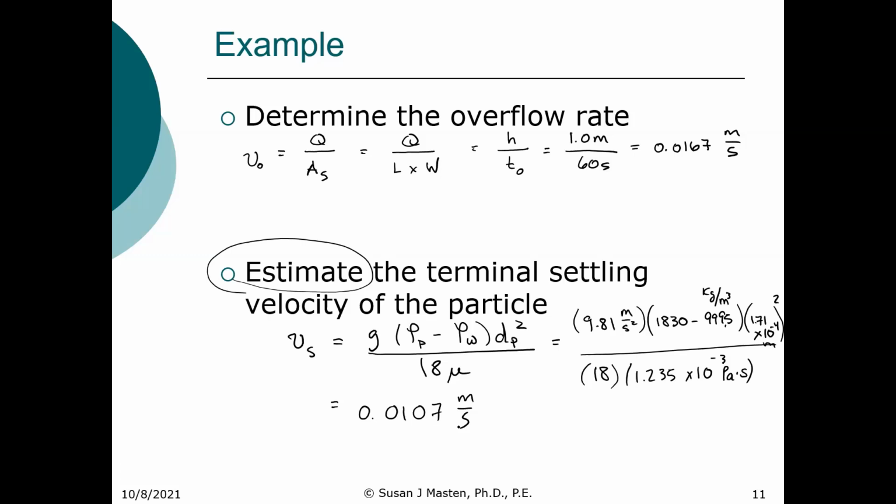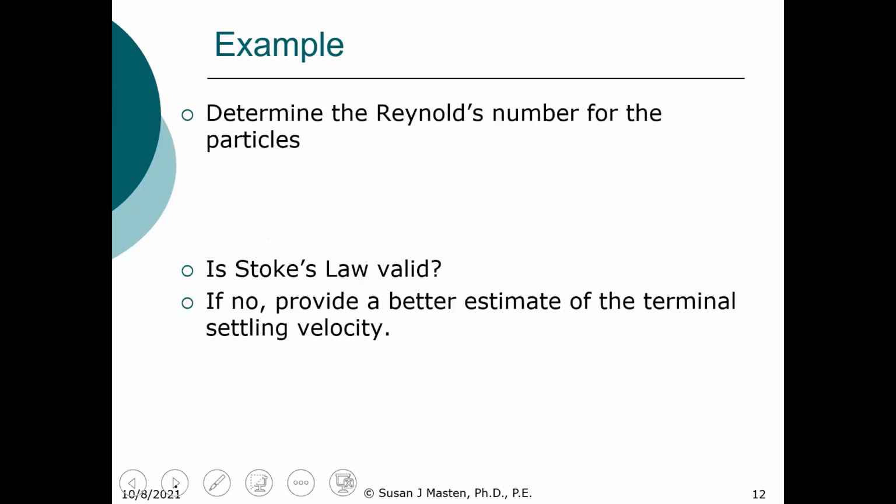The next thing we need to do is to determine the Reynolds number. From that, we need to assess whether or not Stokes' law is valid, and then determine a better estimate of the terminal settling velocity.